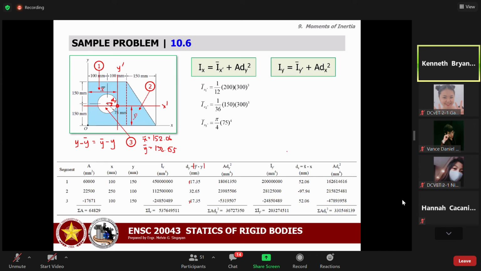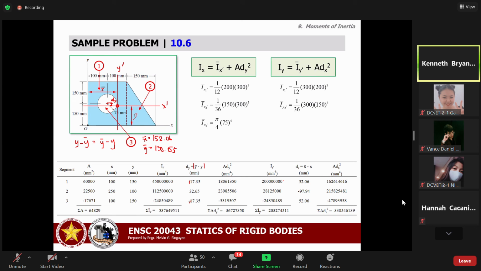Okay? So, I bar y prime is the moment of inertia with respect to the y prime axis. Okay? So, for segment 1, that is 1 over 12 times h times b cubed based sa formula or based sa principle. Okay? So, I bar y prime 2, okay, is equal to 1 over 36 times h times b cubed.